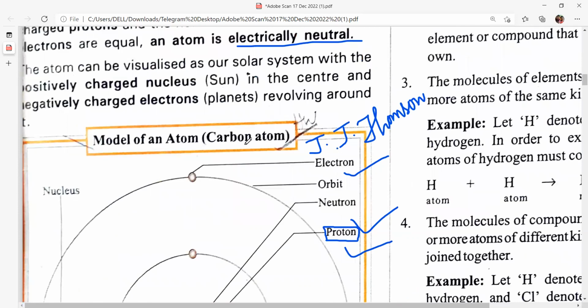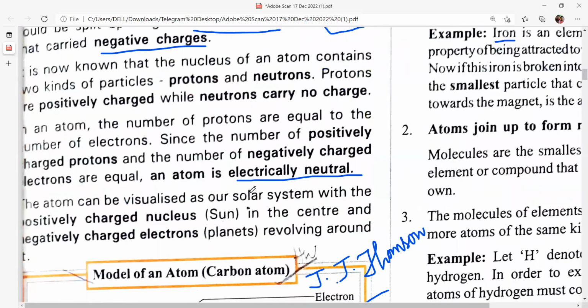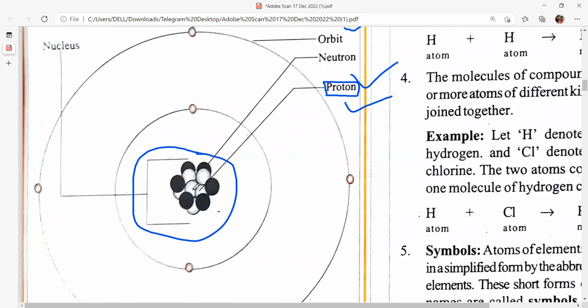And here in the center of your atom you have the nucleus. Inside the nucleus you have two particles, protons. These white parts are protons, and these black parts are called neutrons. Neutrons means neutral, protons means positive charge.